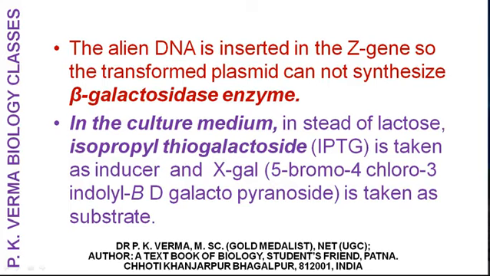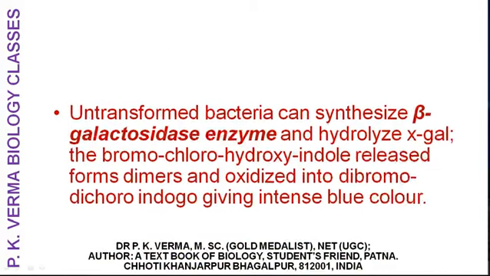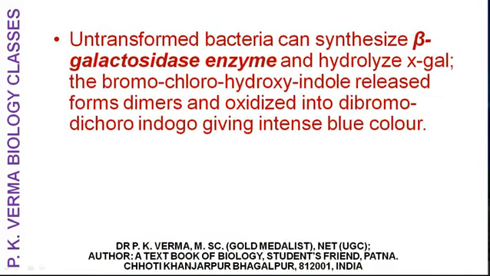So when the enzyme is active, enzyme is synthesized by Z-cistron. The X-gal will break, forming the bromochloroindolyl group, and bromochlorohydroxyindole will be formed.